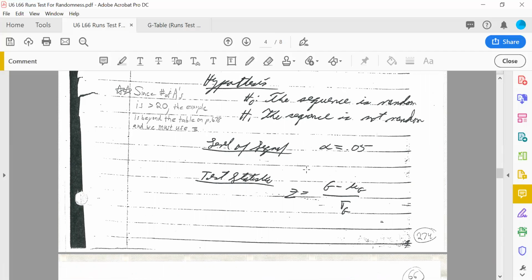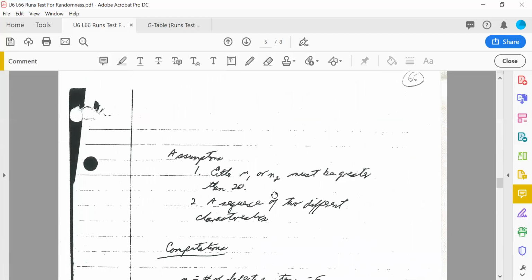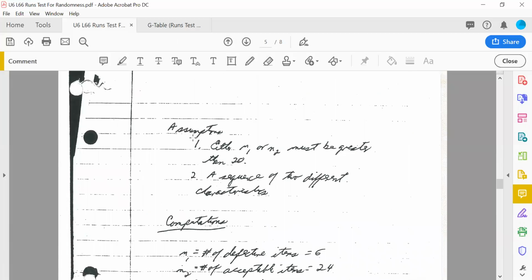When the sample size is large enough, we always seem to go back to our friend Z. And how do you calculate Z? It's capital G. So we are actually still using G in the computation, minus mu sub G, divided by sigma sub G. Okay. Look at the assumptions now, different than before. Either N1 or N2 must be greater than 20.